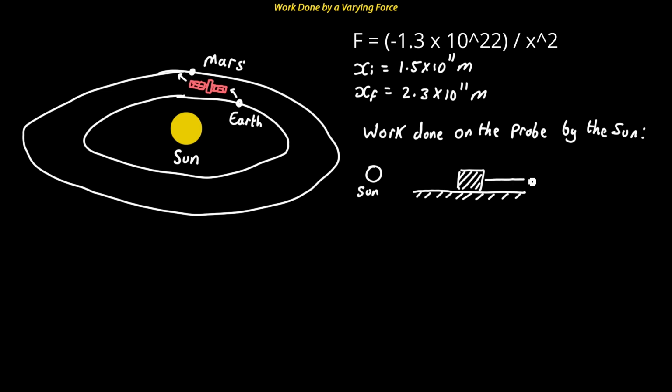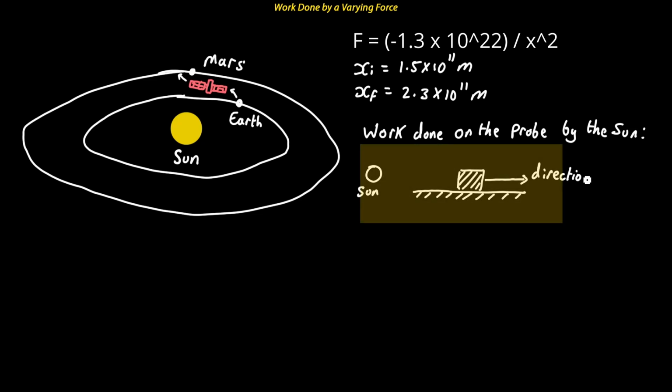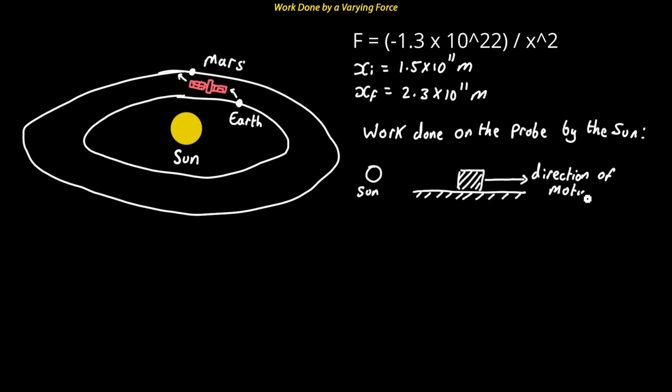So the Sun's gravitational force is working in the opposite direction to the probe's motion. And if we draw just a quick diagram here of a box or a square, and the square is moving towards the right of the screen, so it's moving in the positive x direction, but imagine the Sun is pulling it back with a force in the opposite direction.